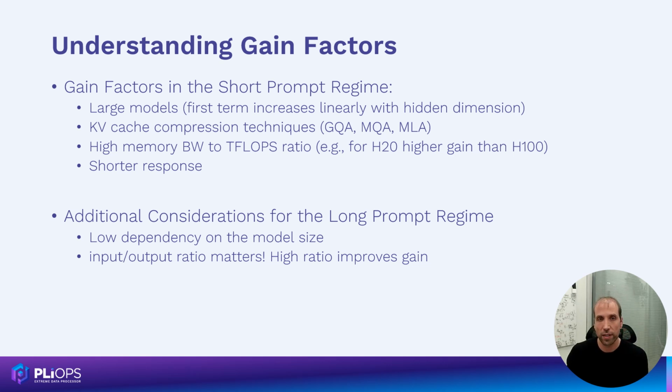Another difference in the long prompt regime is that in this case, we depend on the ratio between input and output rather than the output alone. So it means that a larger input to output ratio provides us a larger gain, even though the output itself is larger. If the input is even larger, then the overall gain is going to be higher.